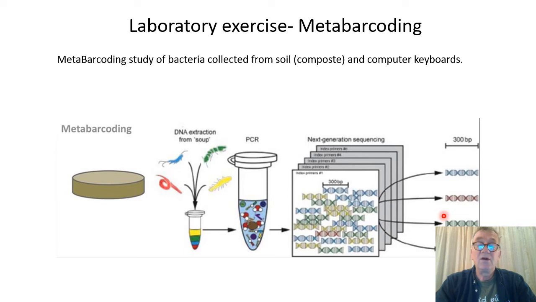So depending on how many species were present in the sample, we will get various numbers of these pools or folders of different sequences. So that is the plan for the entire exercise. This week we will come to this step. We will isolate DNA, we will run PCR, and next week we will run the sequencing part of the study.